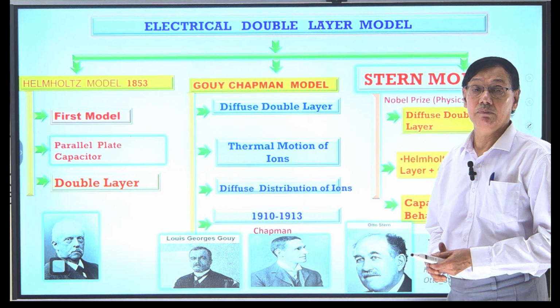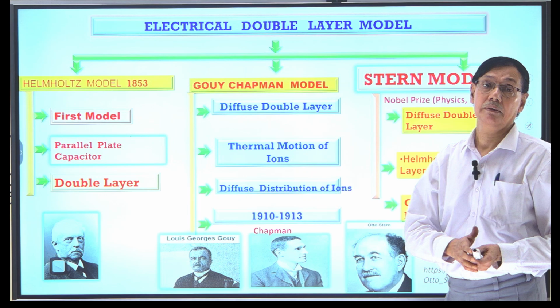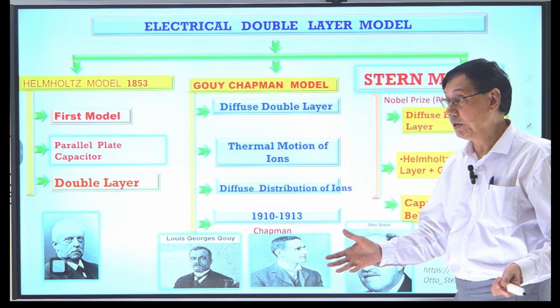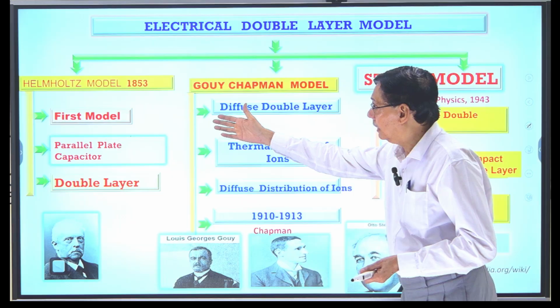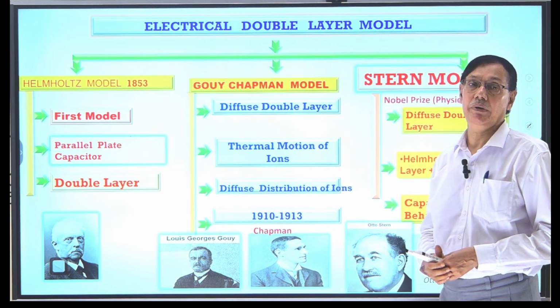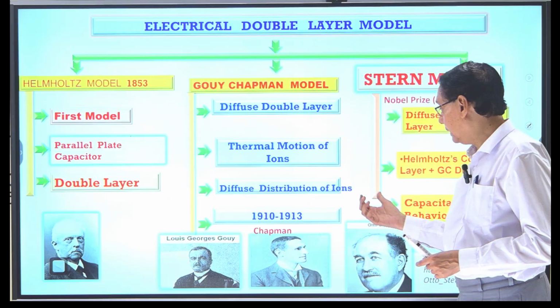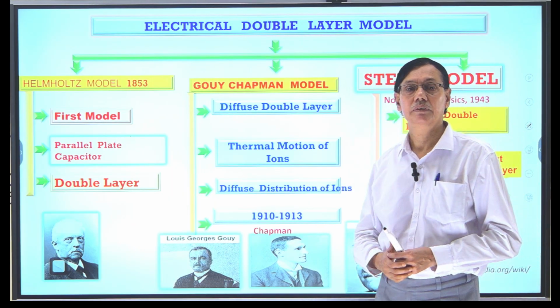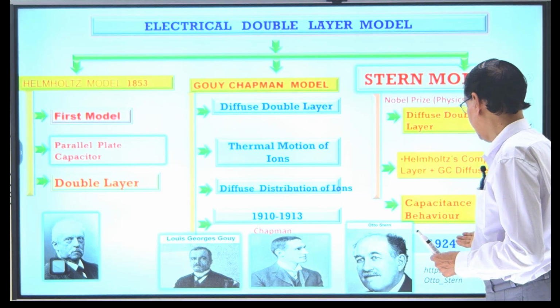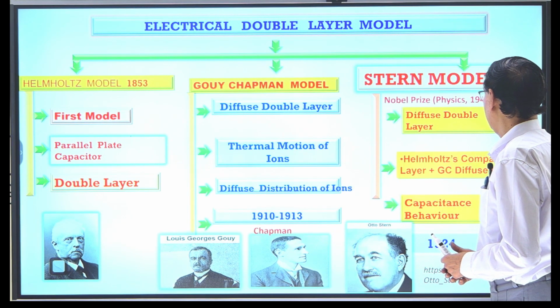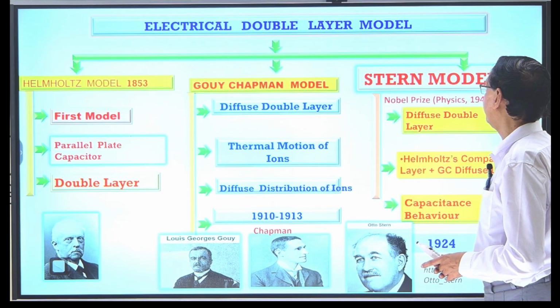And ultimately, मैंने जैसा आपको इंट्रोडक्शन में बताया, there are some problems. Helmholtz and Gouy and Chapman. So finally, Stern is a Nobel laureate, of course, physics Nobel laureate in 1943.